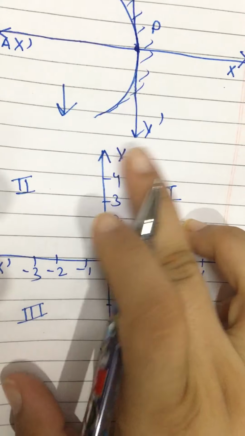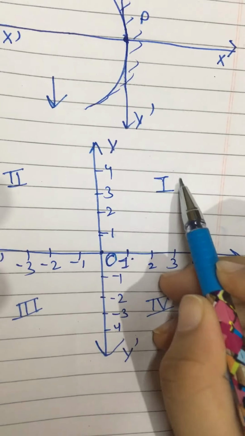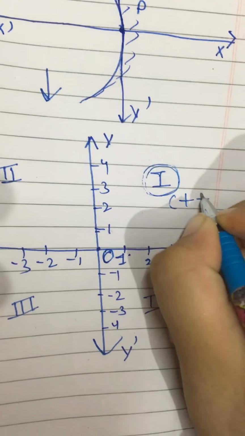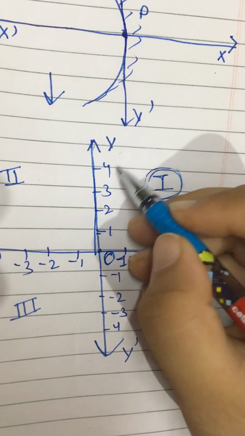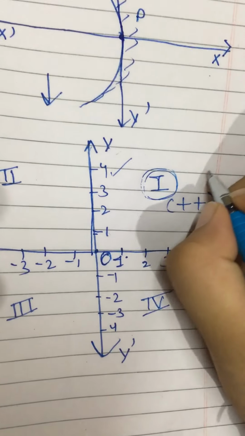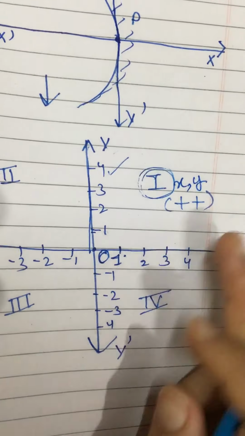So all the coordinates of any point in the first quadrant will always be positive. You can see that all the numbers on the y-axis are positive, and all the numbers on the x-axis are also positive. So our coordinates x, y will also be positive.